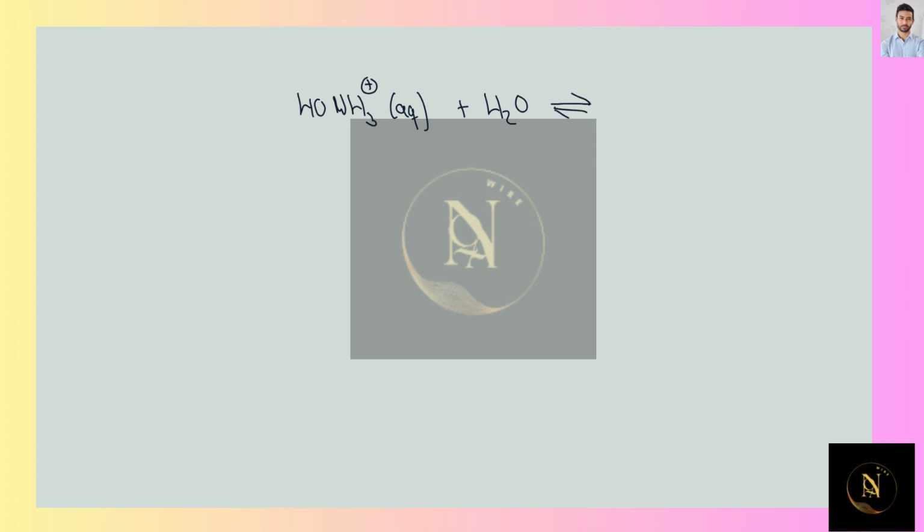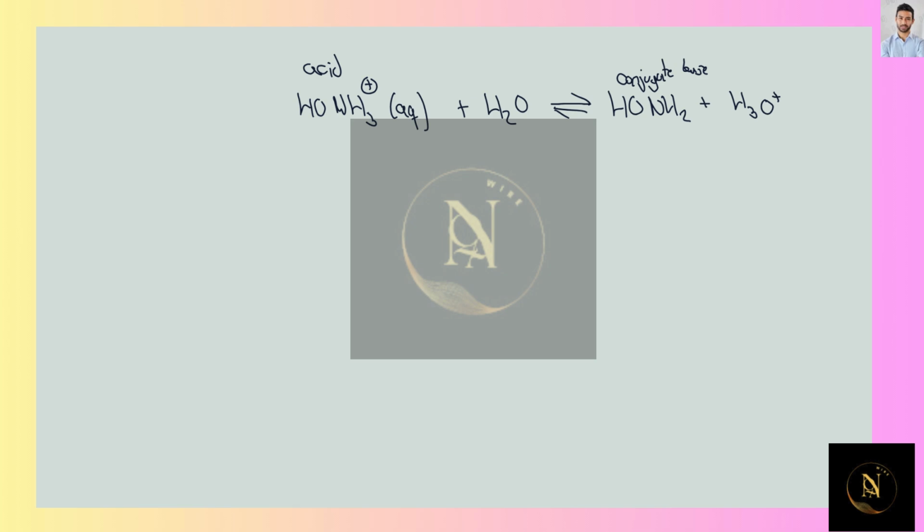And this is going to produce HONH2 plus H3O+. So what we have here is the acid and the corresponding conjugate base.